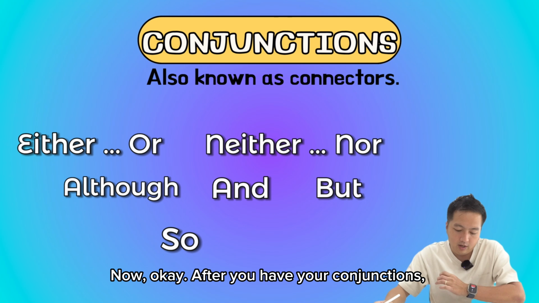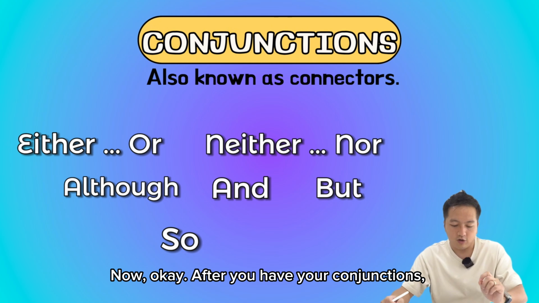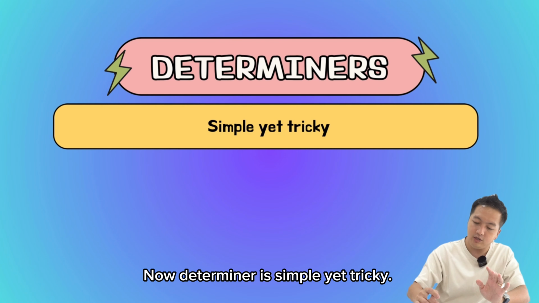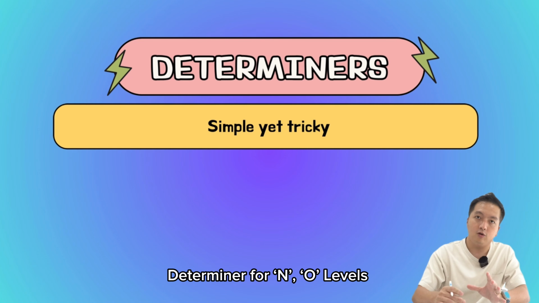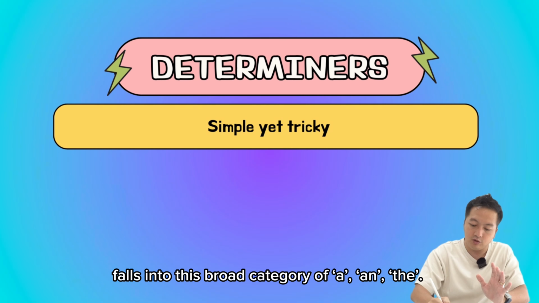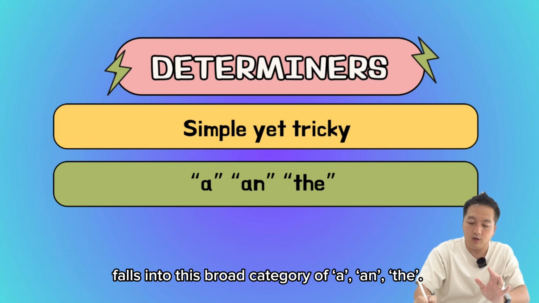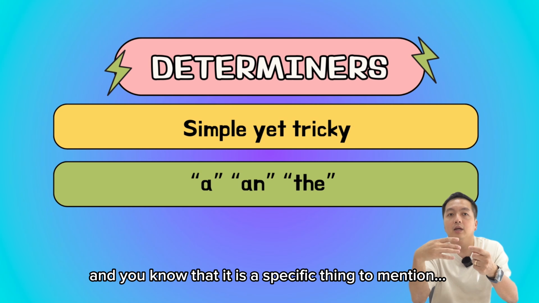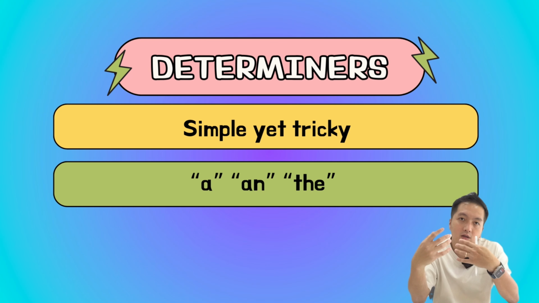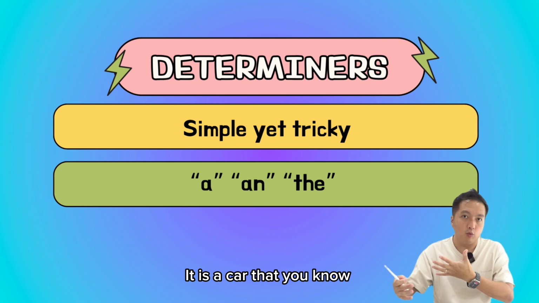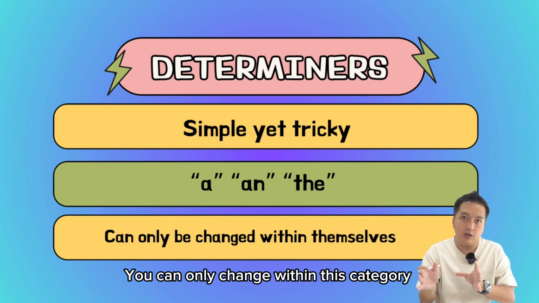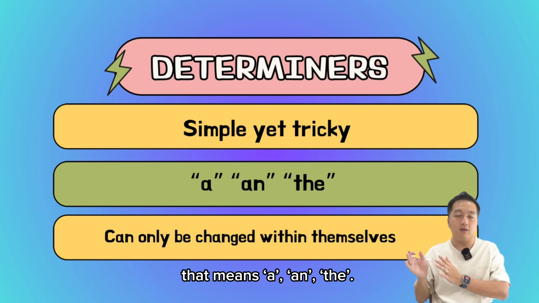Now, okay, after you have your conjunctions, the next one is determiner. Now, determiner is simple yet tricky. Determiner for O-levels falls into this broad category of a and the. So if you pick out an error for a and you know that it is a specific thing to mention, it is a car that you know, so it is the car. You can only change within this category, that means a and the.